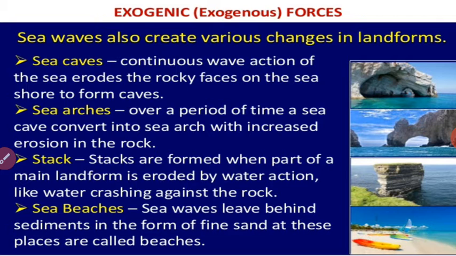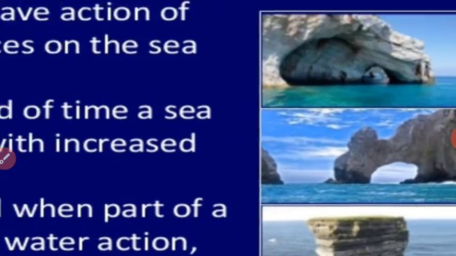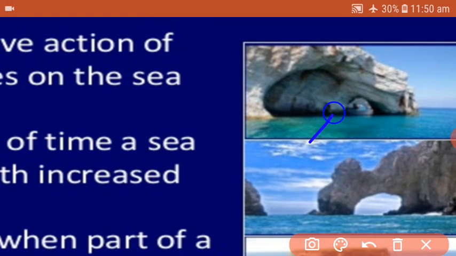Sea caves: the continuous wave action of the sea erodes the rocky faces on the seashore to form caves. Here, if I just zoom in, you can see how because of the continuous erosion in this particular region a cave is created, and when that cave becomes bigger, because of continuous erosion by the waves of the sea, a tunnel-like structure is created, and that tunnel-like structure, as you can see in the below image, is known as a sea arch.